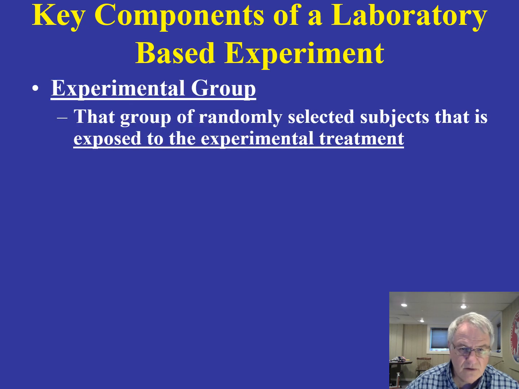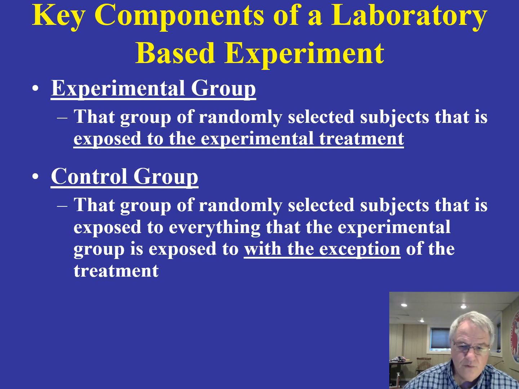When we take a look at a laboratory-based experiment, we also talk about what we call the experimental group. That's the group of randomly selected subjects that are exposed to the experimental treatment. In the previous experiment that I talked about, it's the number of plants that are exposed to that experimental treatment. That's our experimental group.